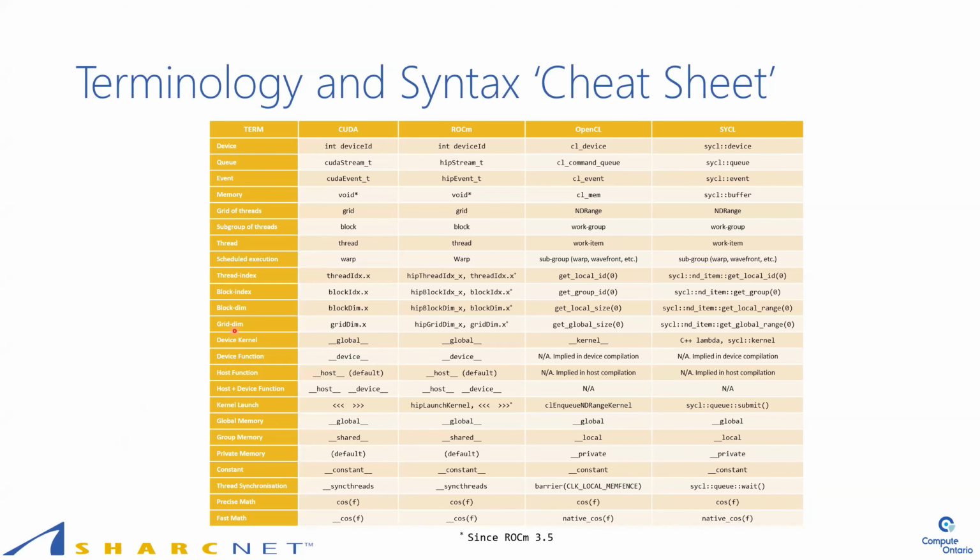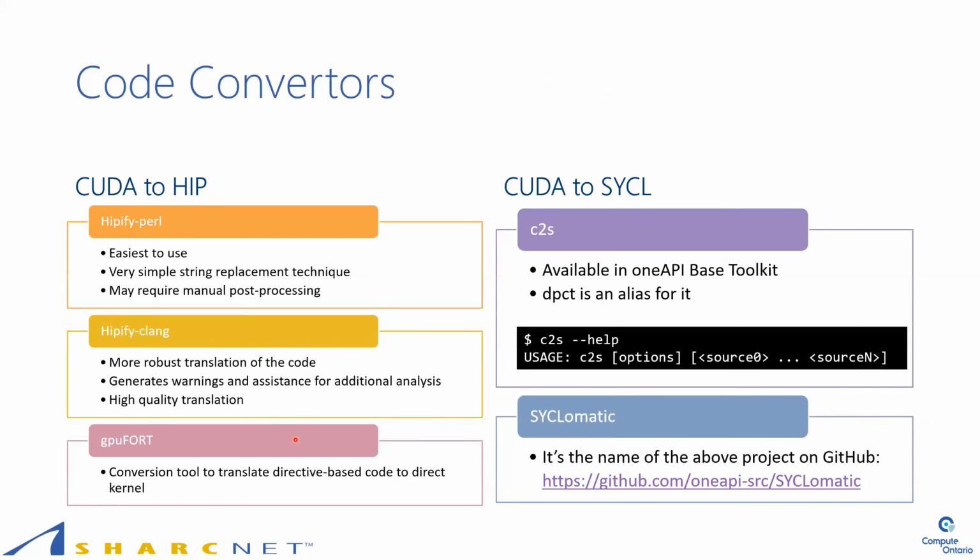Seriously, if you look at it, we already have most of the ingredients. As summarized in this table, the terminology and syntax are close enough between the three. There are even code converters that can convert existing CUDA kernels to HIP or SYCL. For example, for CUDA to HIP, you can use Hipify, both the Perl and Clang versions, and also GPUFORT for Fortran code.